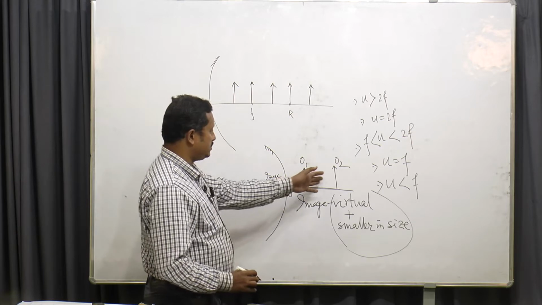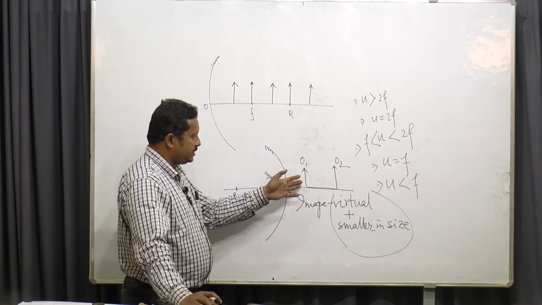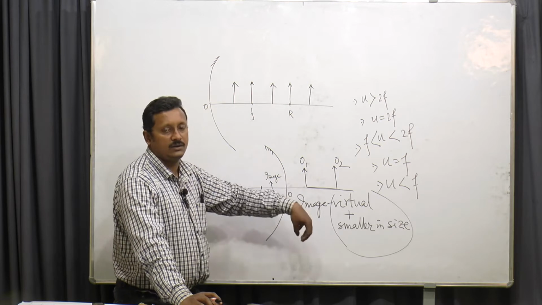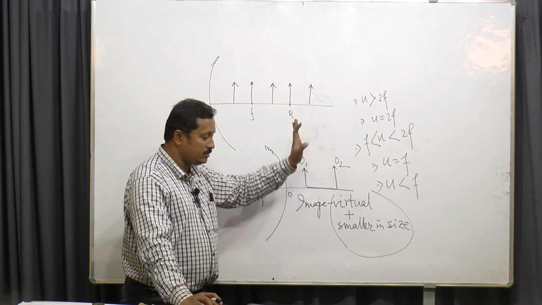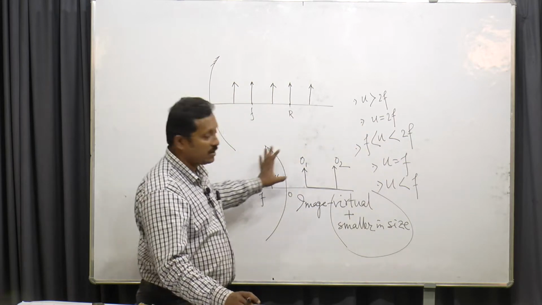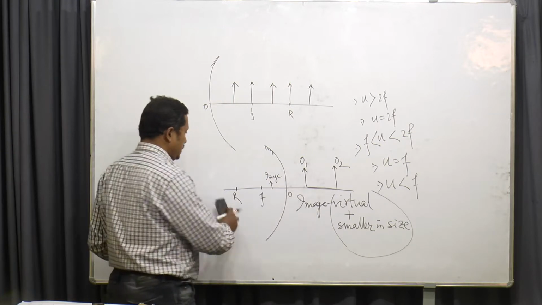Obviously for different positions of the object, the height of the image might be varying, but it is always less than the size of the object, and it is also always virtual. So that's why these 5 cases do not apply to convex mirror. No need to go for that.